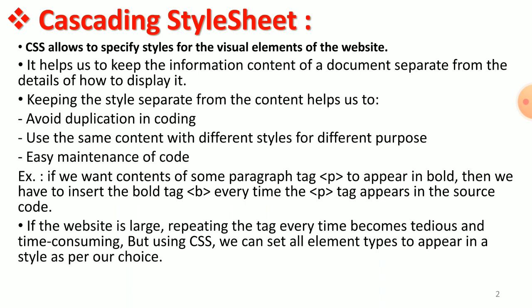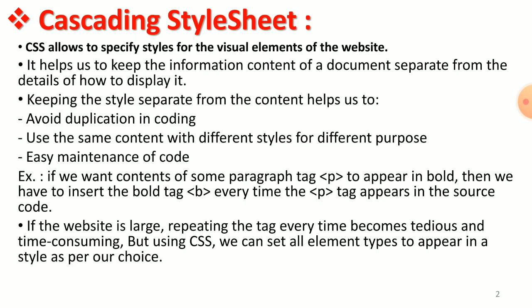CSS allows you to specify styles for the visual elements of websites. It helps us keep the information content of a document separate from the details of how to display it. This detail of how to display the document is known as a style.